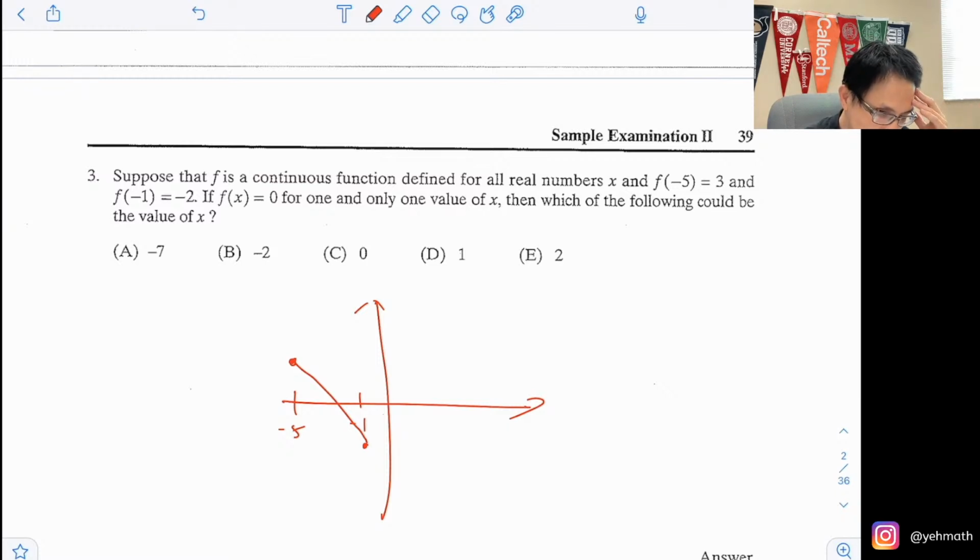If some point is right here and some point is right here, it has to go through 0 at some point. It can go through more than once; you could have oscillation, right? But the problem is it's just going through once. It has to occur between -5 and -1. And there's only one value of that, which is B.